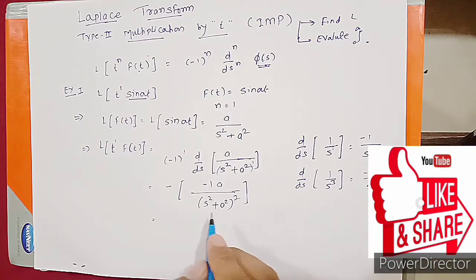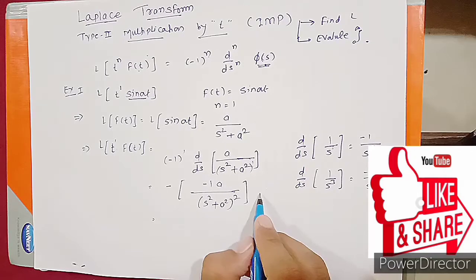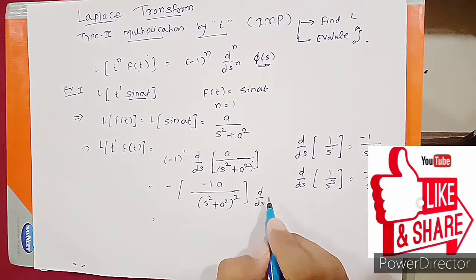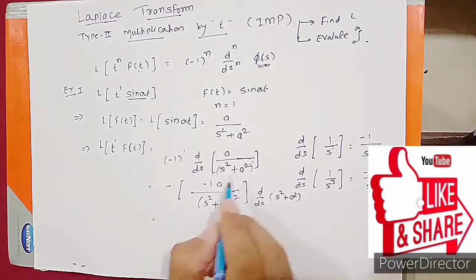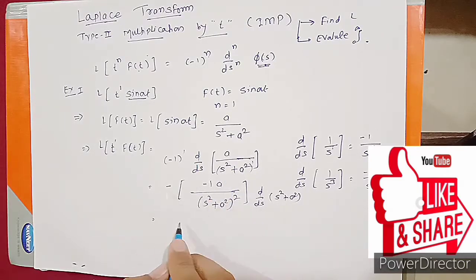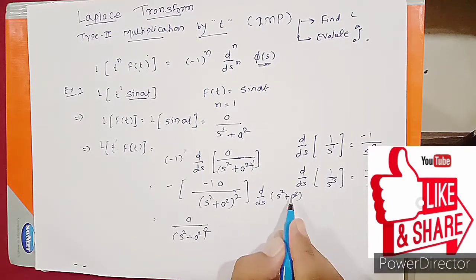But it does not end with this, because inside the bracket there is not only s, it is s square, that's why we are applying the chain rule here. The chain rule is for the inside term, inside the bracket. So minus minus becomes a plus, so a upon s square plus a square bracket square into the derivative of this term.